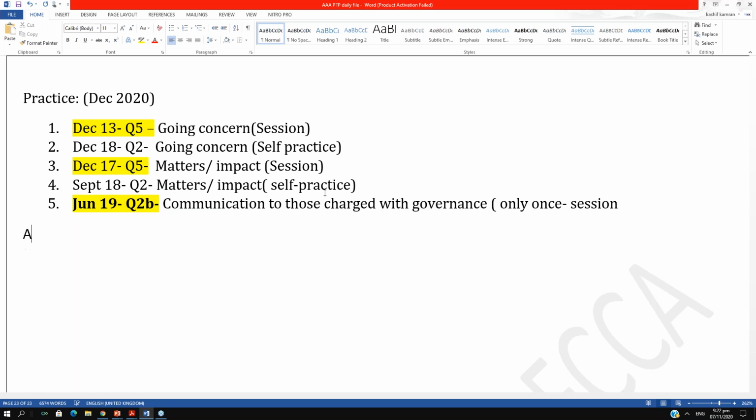Okay, now when we look at the audit report, there are 2 types of audit report, right? One which goes to the shareholder, and one is the audit report which goes to those charged with governance.